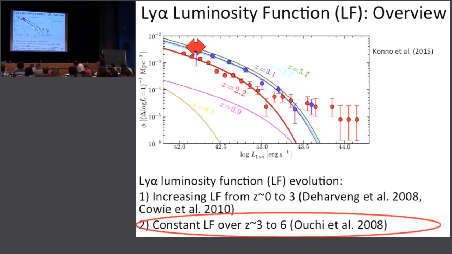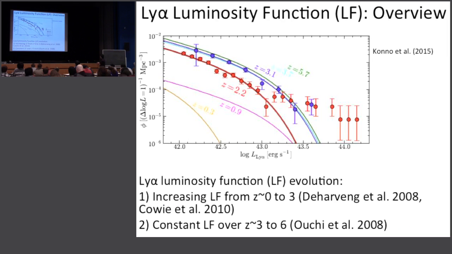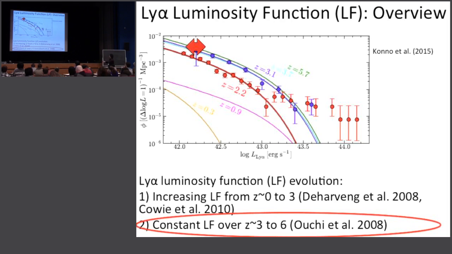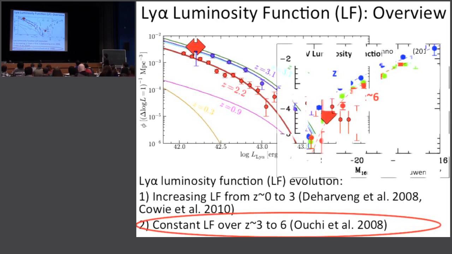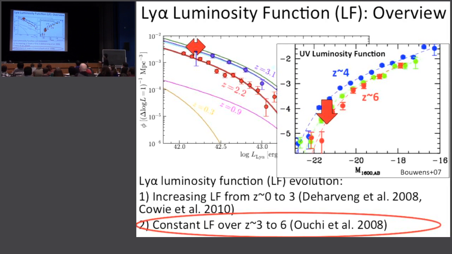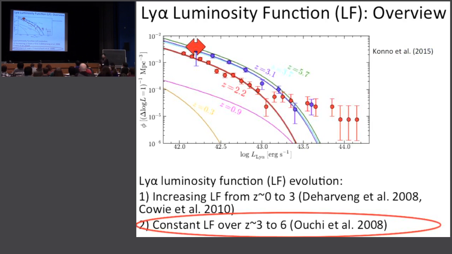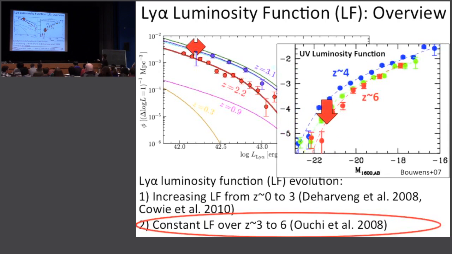So then let's move on to the next evolutionary feature, from redshift 3 to 5.7. That is pretty constant. But it is surprising, because if you know the UV luminosity function evolution given by the Lyman break galaxies or dropout galaxies, from redshift 4 to 6 it shows a significant decrease.